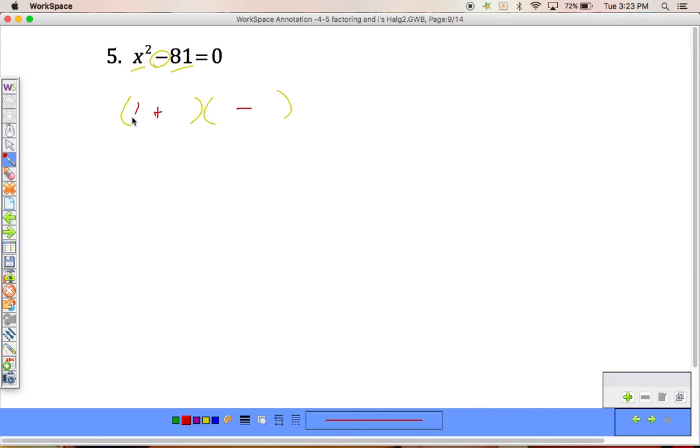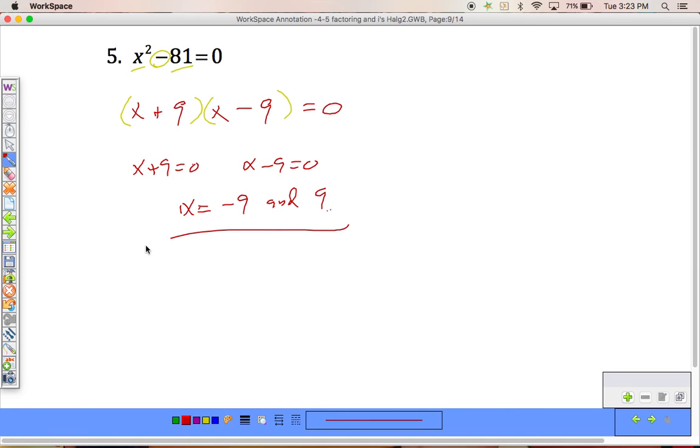I'll break down x squared into x times x. The square root of 81 is 9 times 9. So that's my difference of squares. They're both perfect, separated by a minus sign. So x is in the front, 9's in the back with a plus and a minus. And I get plus and minus 9.